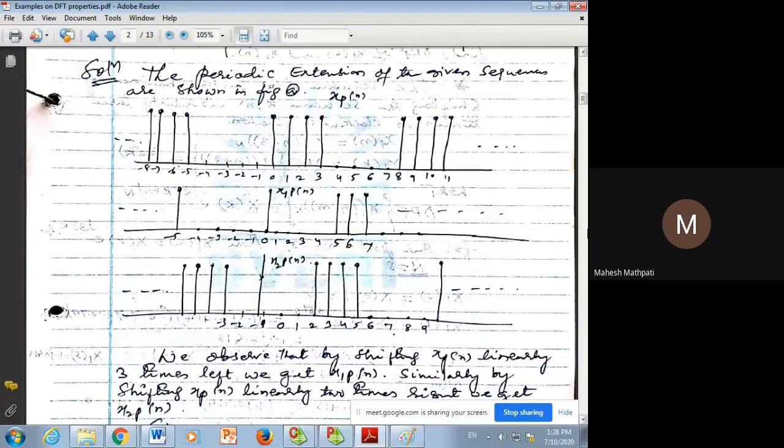Can anyone tell me? What is the first diagram indicating? Are you all there? Yes, sir. So what is that first diagram indicating?